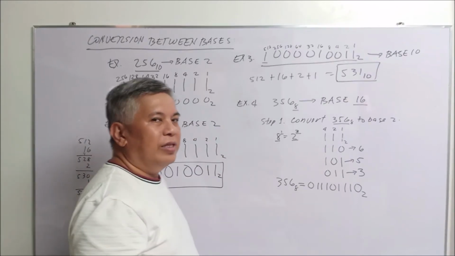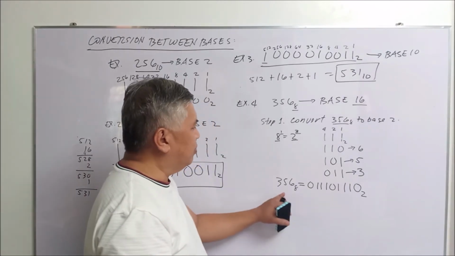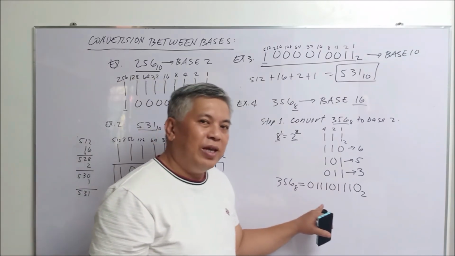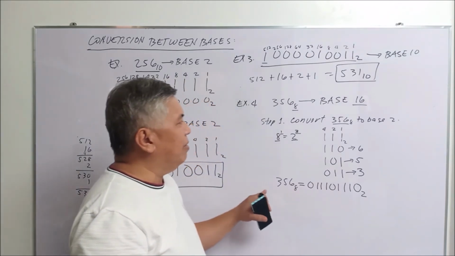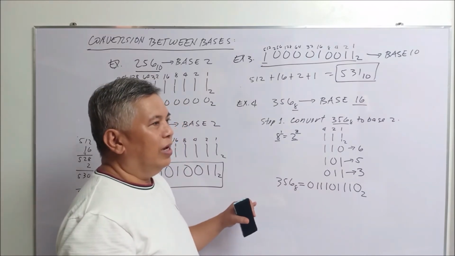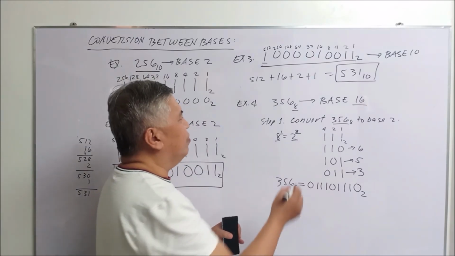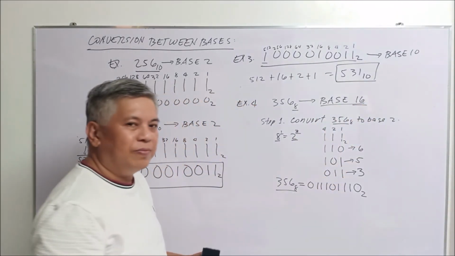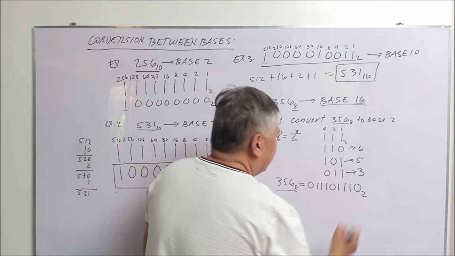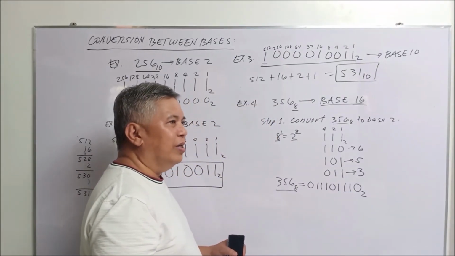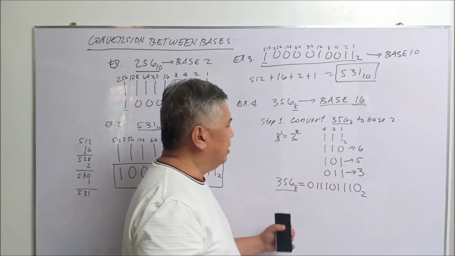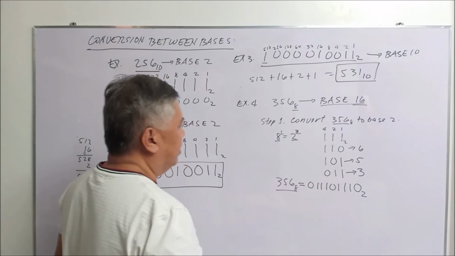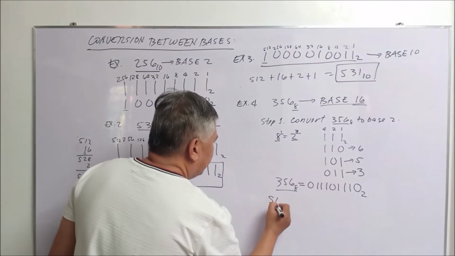That will now be the binary equivalent of this particular octal number. Now, we are not yet done, because our main target here is to convert this number system into base 16. Okay? Now, we already obtained the binary equivalent because, as we have said earlier, binary number here is used as our reference number system. Okay, then step 2.